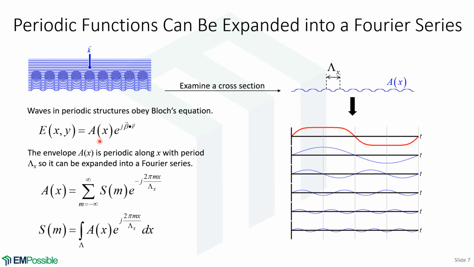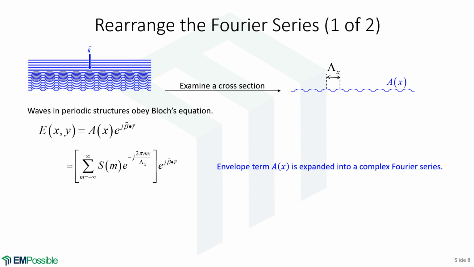So what we can do next is take this amplitude term and substitute in this summation for that amplitude term. So that's exactly what we've done here. We're replacing the amplitude term with our complex Fourier series. Now in our next step, we will bring this plane wave term, this other complex exponential, inside of the summation.